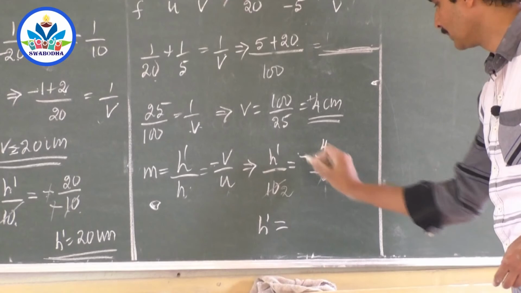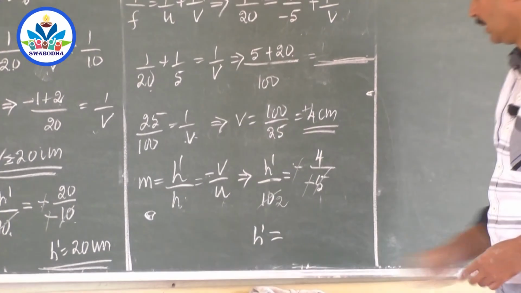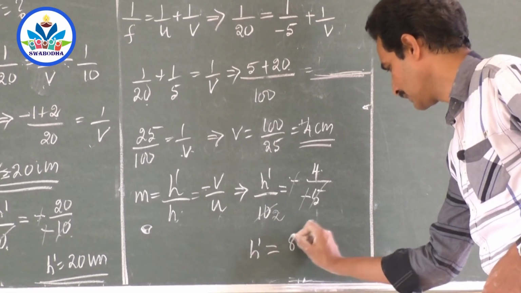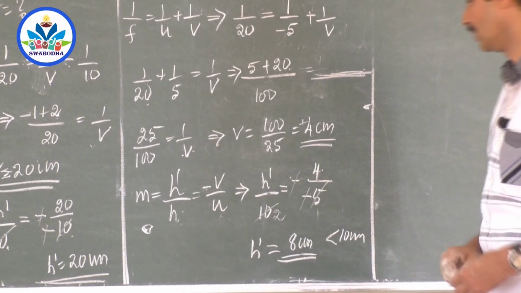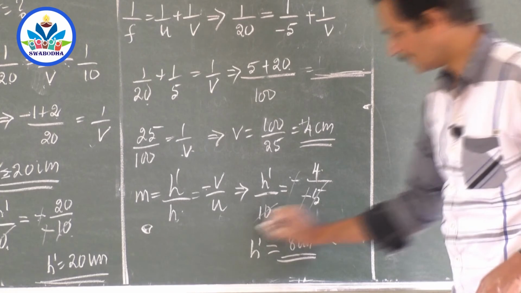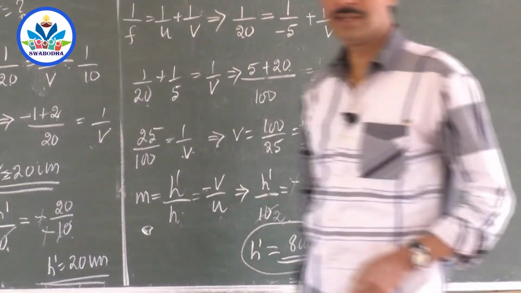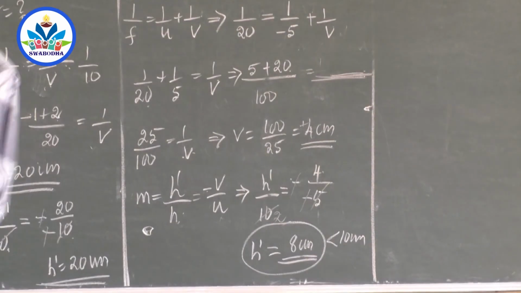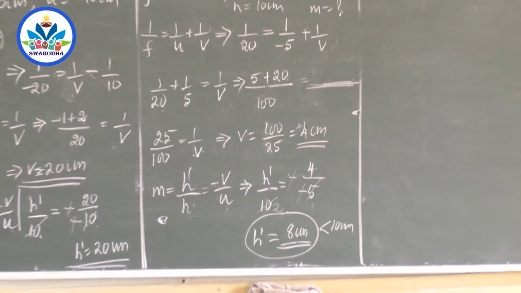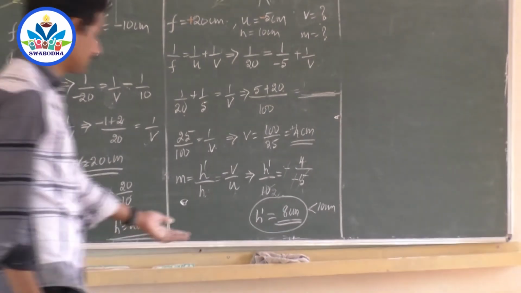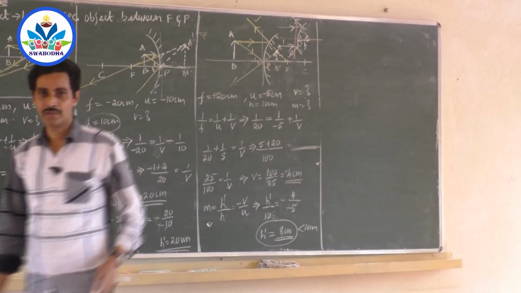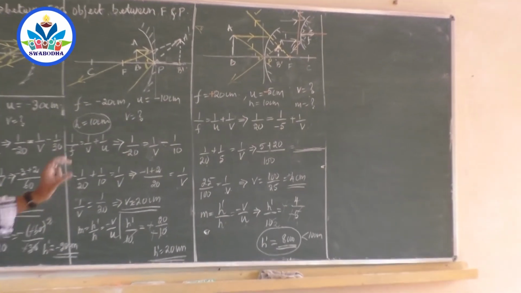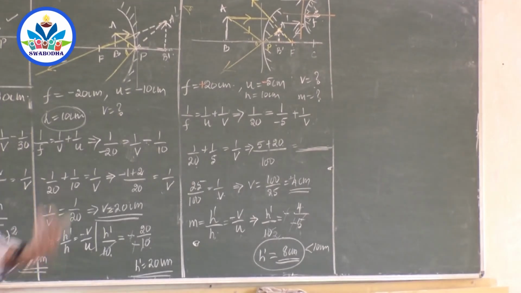And this minus will get cancelled. 2 4 times 8 centimeters, which is less than 10 centimeters, diminished image. Hope I am right? Yes. So, a diminished virtual image inside the mirror is formed, and it is erect above the principal axis. We got h dash positive, and it is not negative, otherwise it would have been inverted. Now it is erect, but it is diminished, less than 10, formed within the mirror.